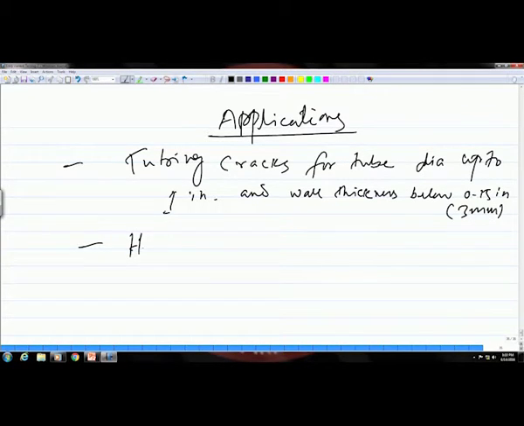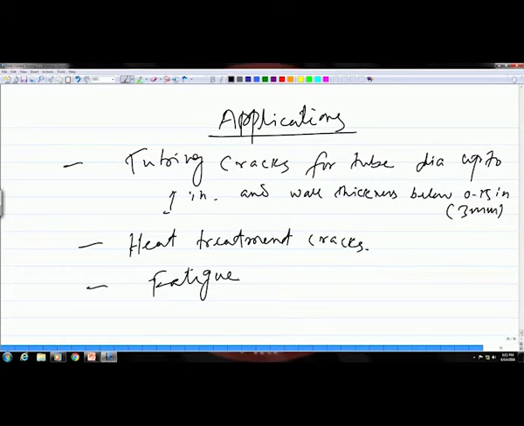Then heat treatment cracks, this can be detected by eddy current testing. Fatigue cracks, because this again will be on the surface.